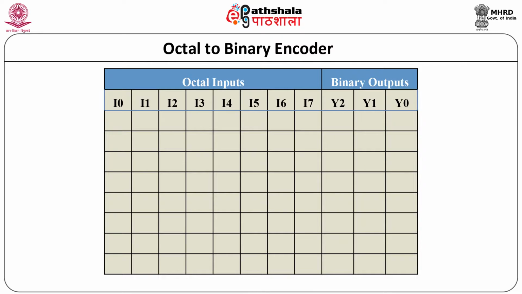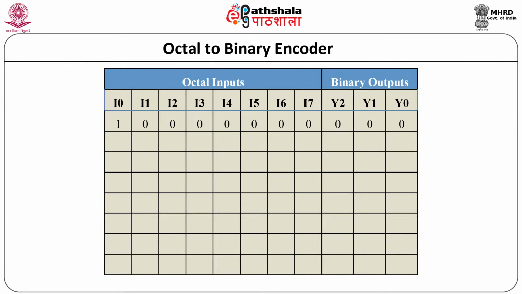There are 8 inputs: I0, I1, I2, I3, I4, I5, I6 and I7, and 3 outputs Y0, Y1 and Y2. In linear encoder, only one input is active at a time.